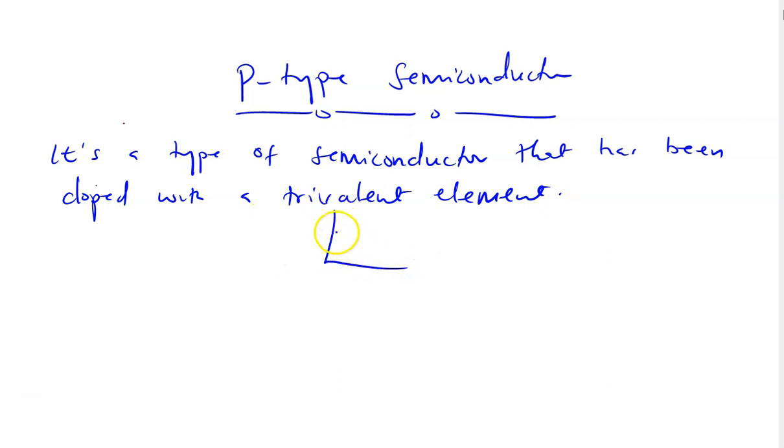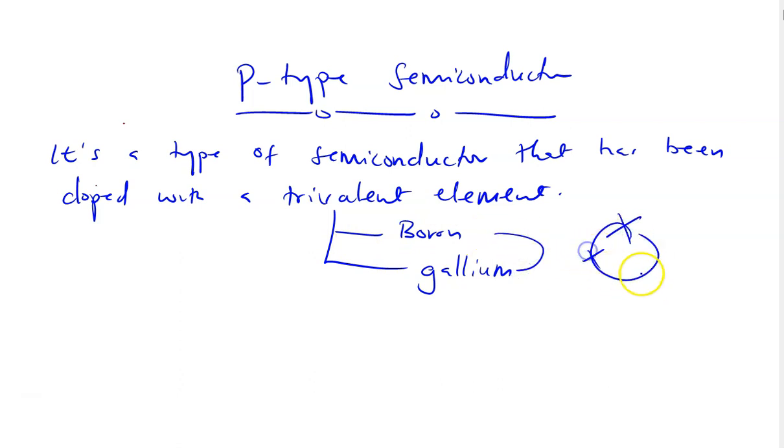And what are some of the examples of the trivalent elements? We have boron. Boron is one of the trivalent elements, and we also have gallium, right? So these are examples of the trivalent elements. These elements have 3 electrons at their outermost shell. Once they bond with a silicon, which has 4 electrons at its outermost shell, a hole is created.